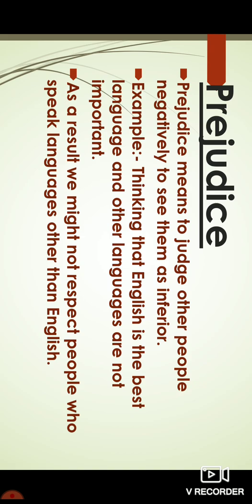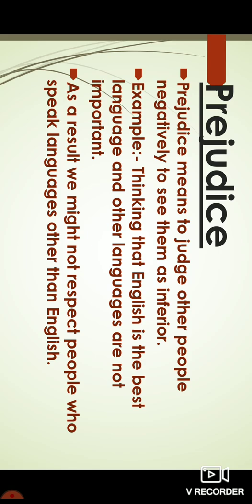Okay, as a result, we might not respect them, and this mentality changes our behavior towards the person, and as a result, we stop respecting those people who speak languages other than English. This is very important.